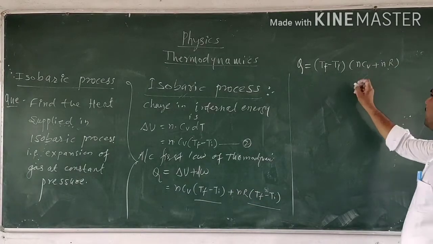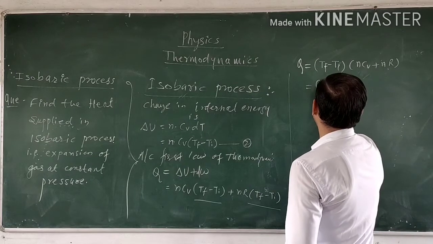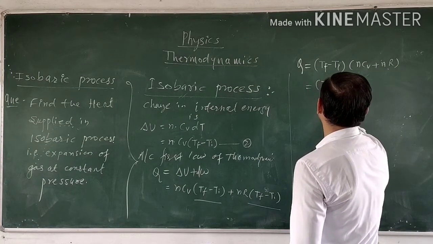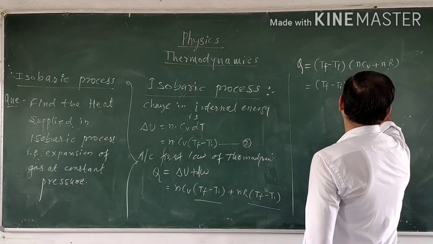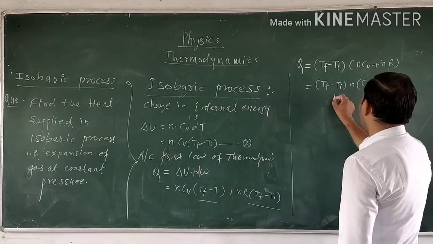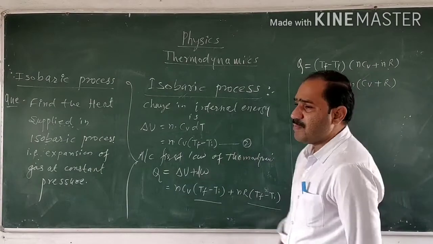But here n can be taken out again: Q equals n (Tf minus Ti)(Cv plus R). But here we have the Mayer's relation.